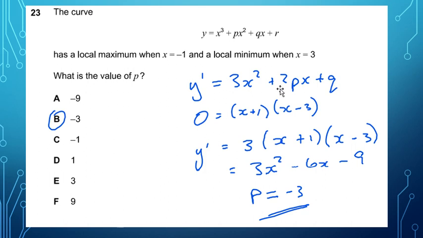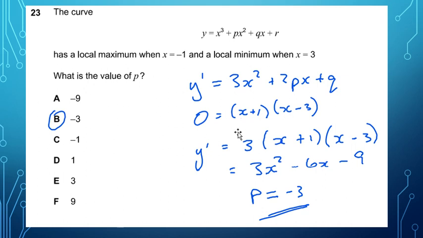So that loses for us the r. We've got p and q left in here. The derivative, local maximum and local minimum, should be 0. So we know that this should work. We should have factors for this quadratic like that.